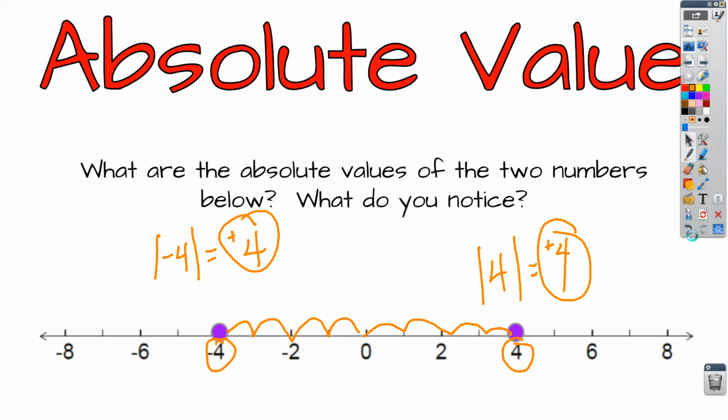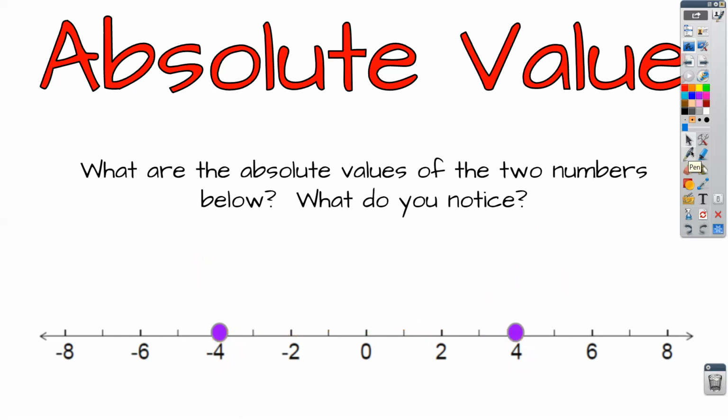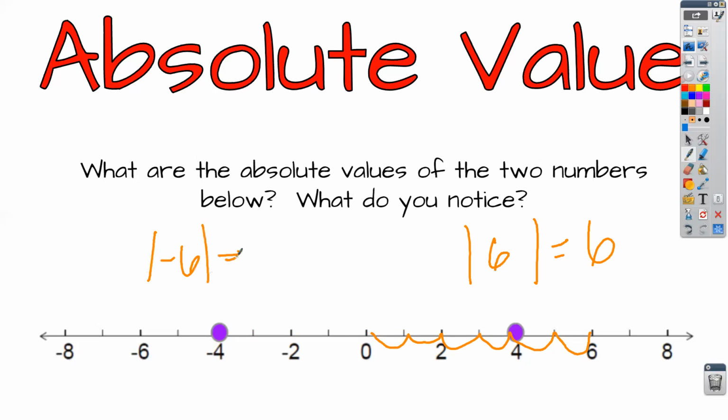So in this case, if I said, what is the absolute value of, let's go with 6. You should tell me, well, 1, 2, 3, 4, 5, 6 jumps, 6. And the absolute value of -6, well, 1, 2, 3, 4, 5, 6 is also 6.